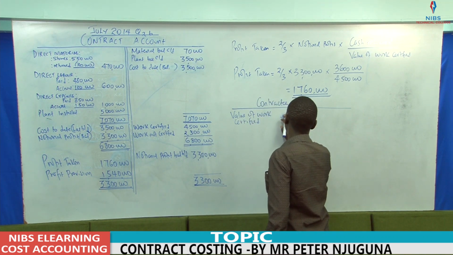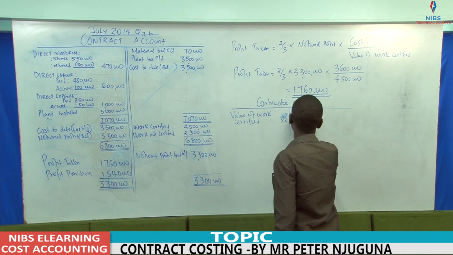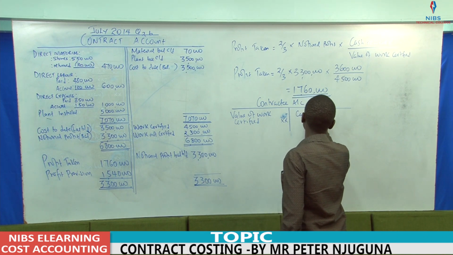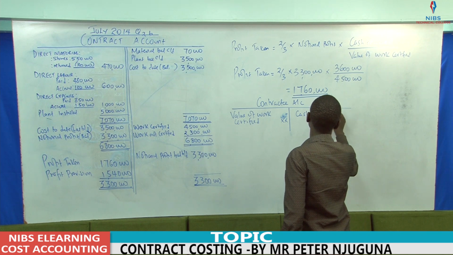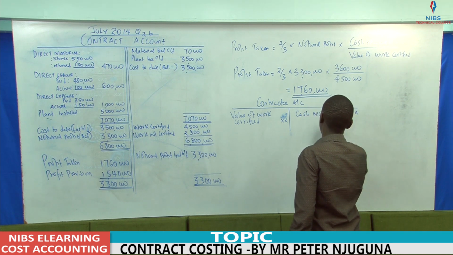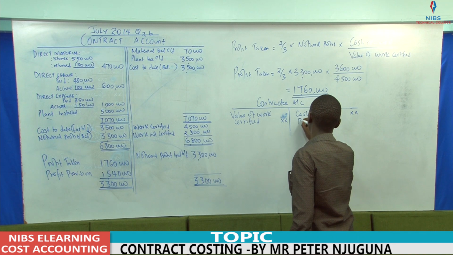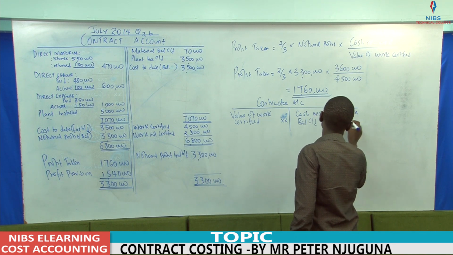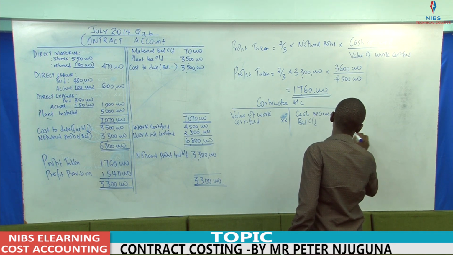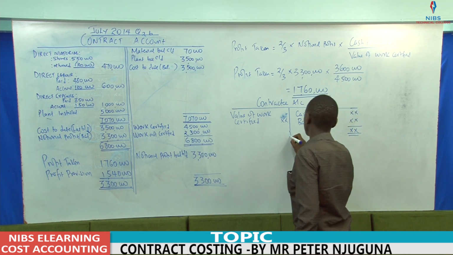You put that figure here. Then on the opposite side, that is the credit side, we credit by cash received. And then you balance off, so you will have balance carried down somewhere. So this is how we prepare the contractee account. As simple as that.